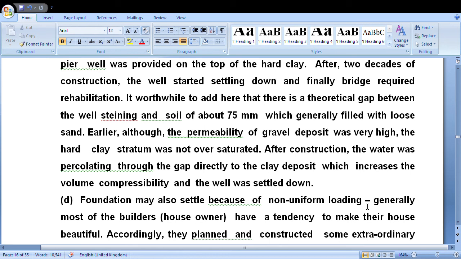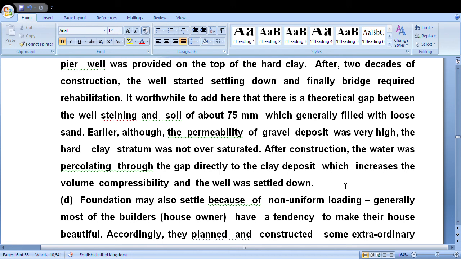So settlement must be different. So it is more difficult to manage differential settlement and maintain it. Once differential settlement has started, it is very difficult to shift this structure.